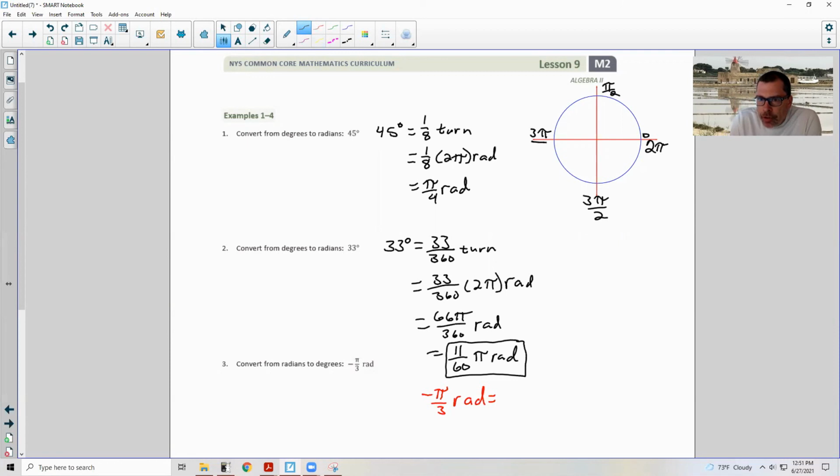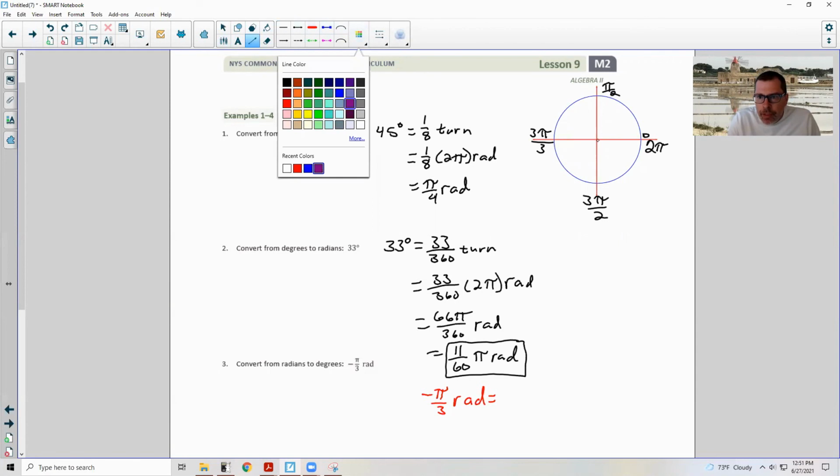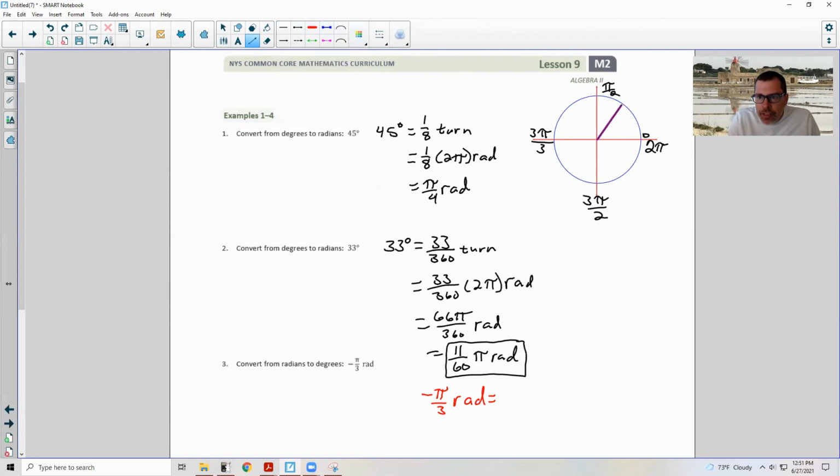It's 3 pi over 3. If I split this evenly into thirds, it'd be about here and say there maybe.